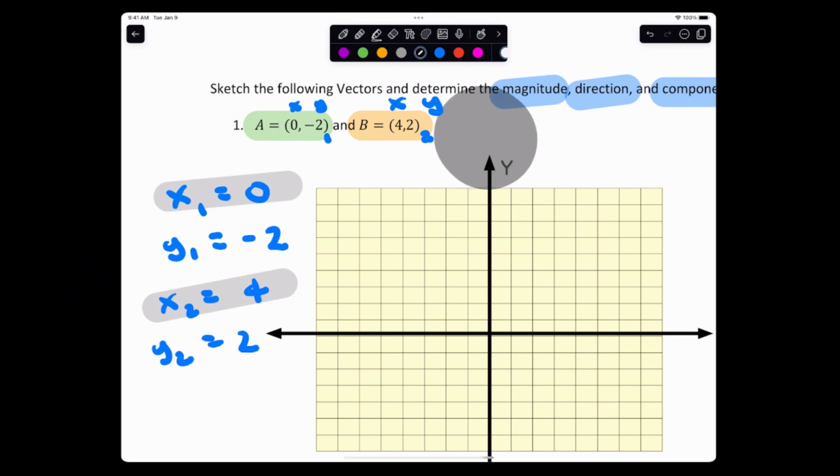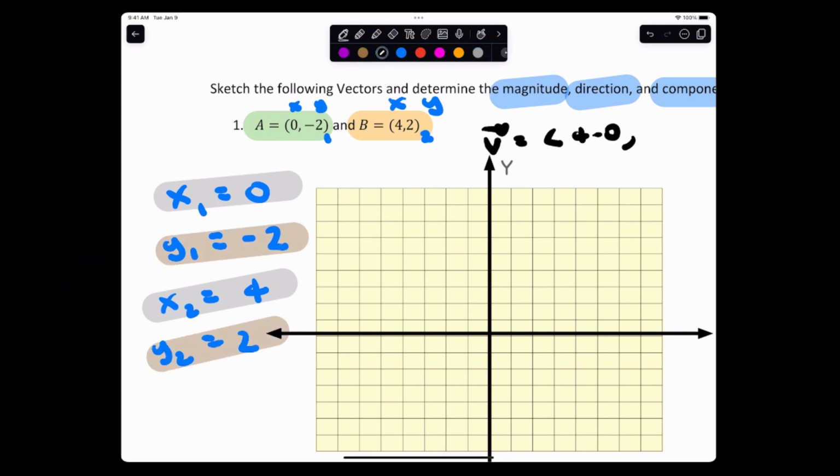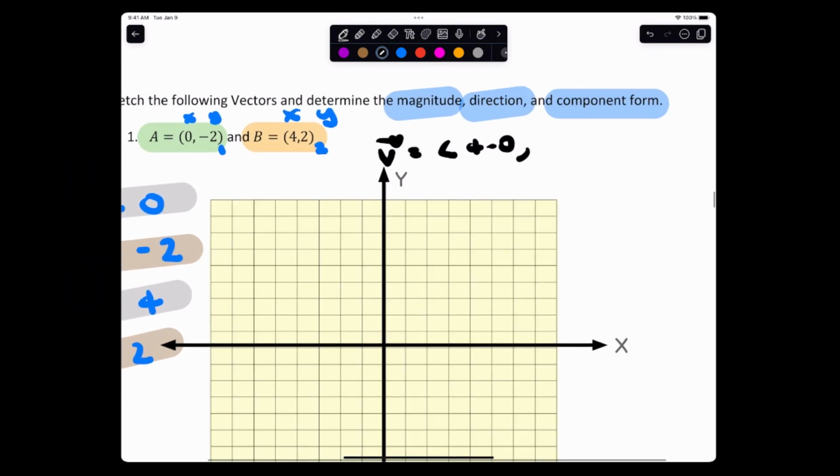So vector v is going to be 4 minus 0, 2 minus -2. Four, and what's 2 minus -2?